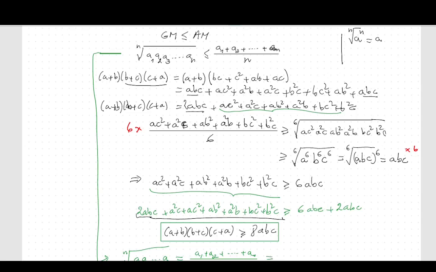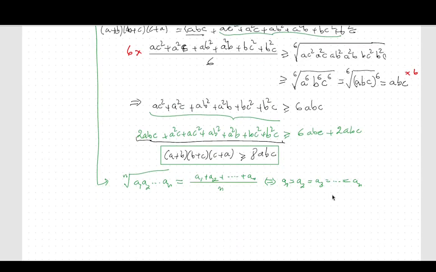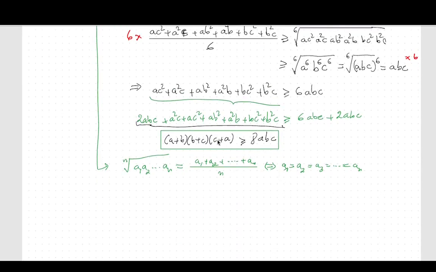This equality holds only if a1 equals a2 equals a3, etcetera, equals an. So only if all the numbers are equal. So if we apply this to the inequality we have here, this would be an equality if, and only if, this is an equality. That means that this should be an equality, and this is exactly this inequality.